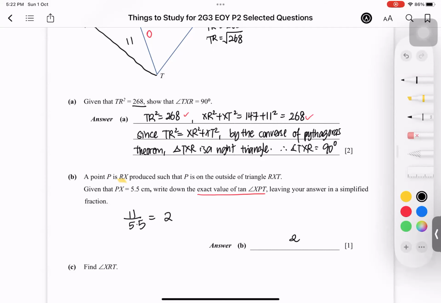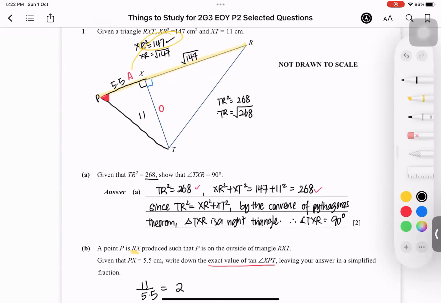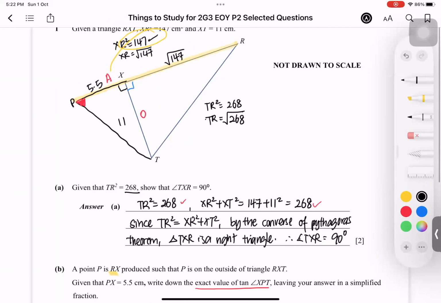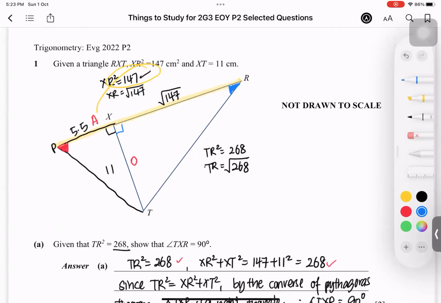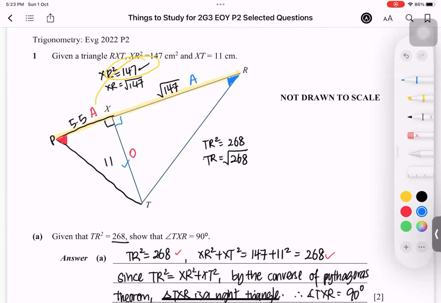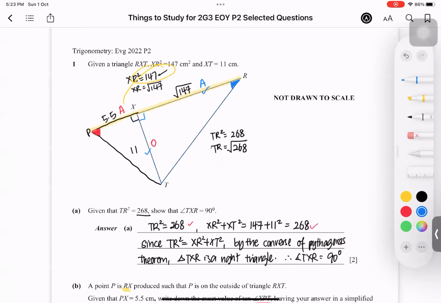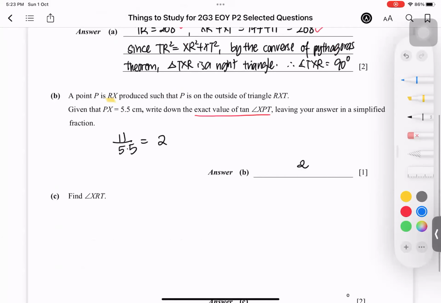Next one, find the angle XRT. Oh, this is another angle, XRT over here. Am I looking at the correct one? Yes, XRT. So I have my opposite over my adjacent, O and A, tangent and angle, right? Inverse, so tangent inverse of O over A, 11 over square root 147.